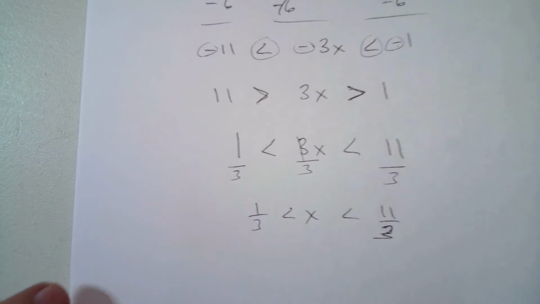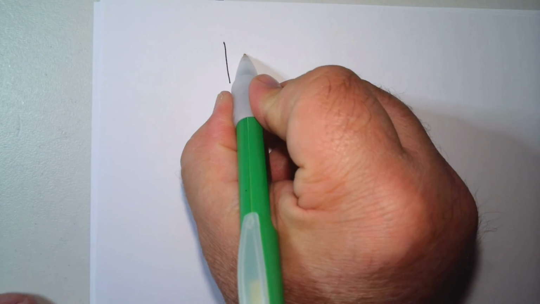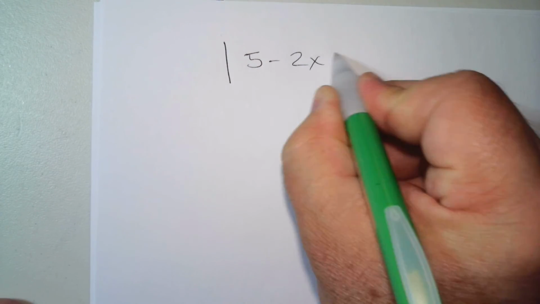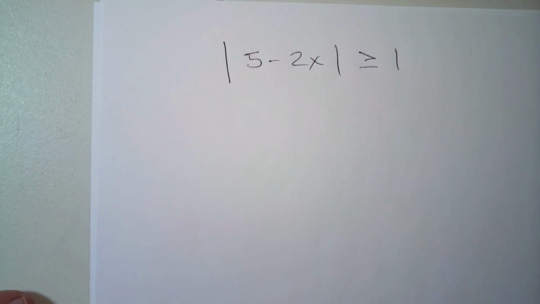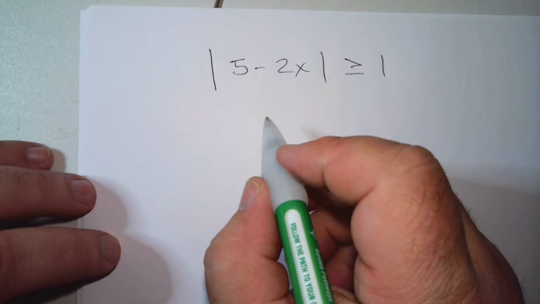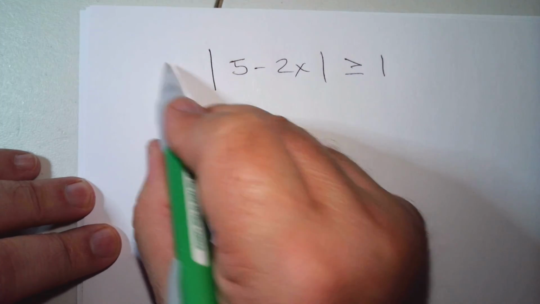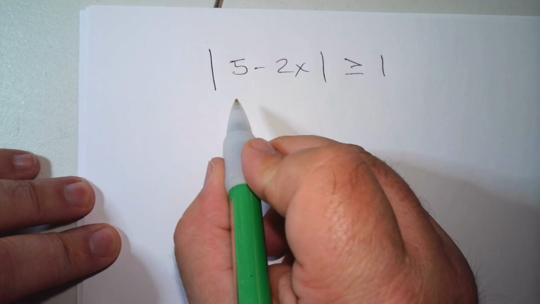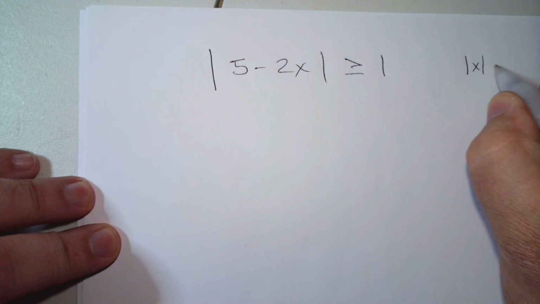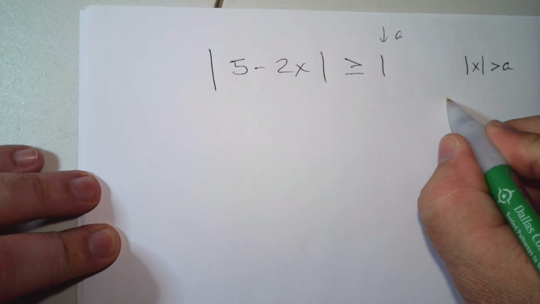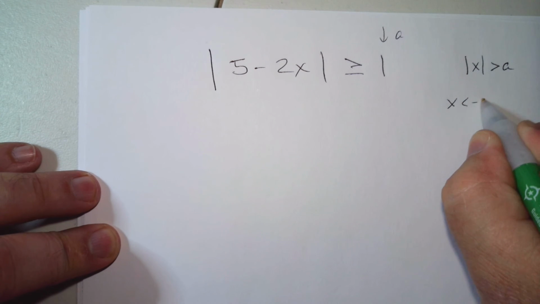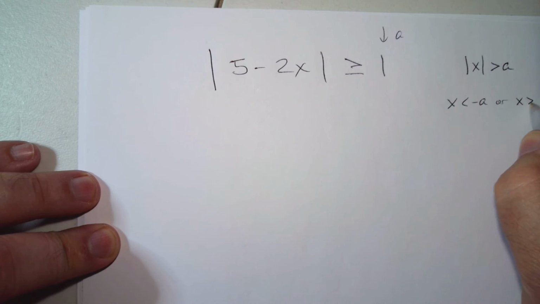Let's do one more with greater than. Five minus 2x absolute value is greater than 1. So there's no coefficient or anything around it. So remember, if the absolute value of x is greater than a, then it's going to be x is less than negative a, or x is greater than a.